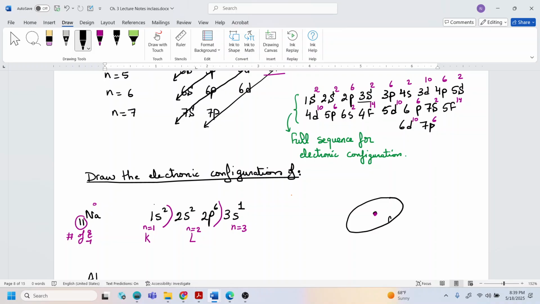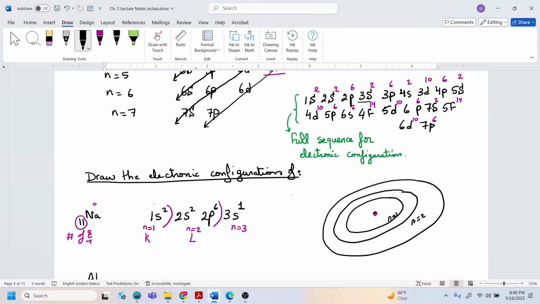So that is going to be the n equal to 1 shell. And then we have the n equal to 2 shell here. And then we have the n equal to 3.